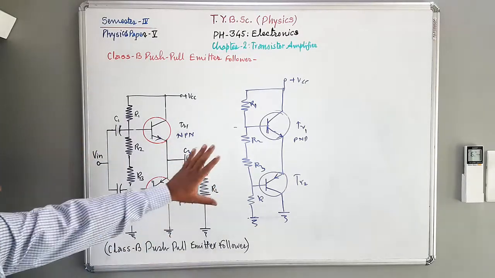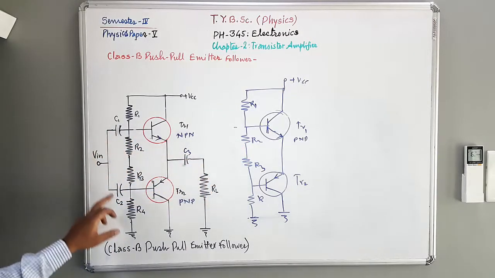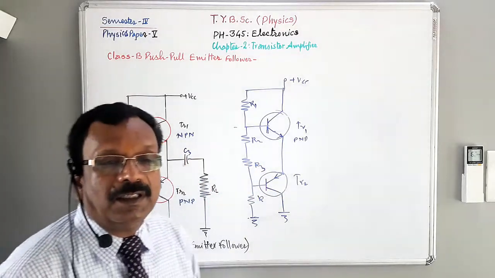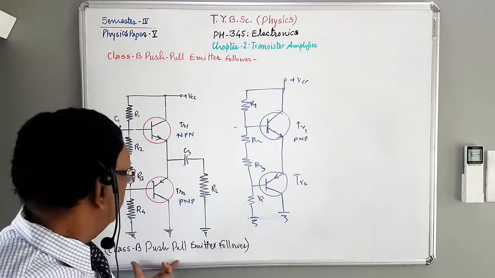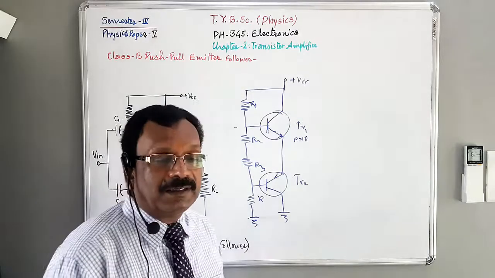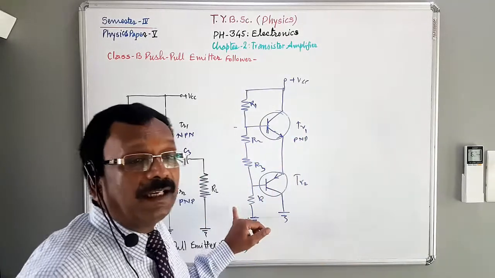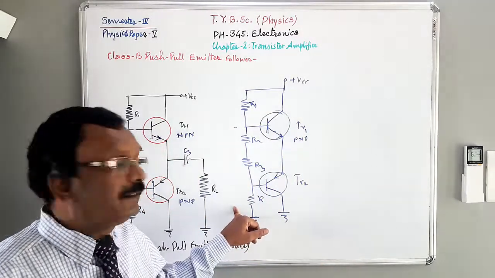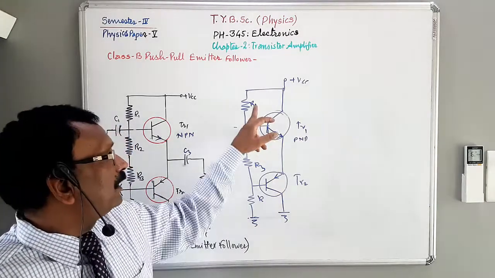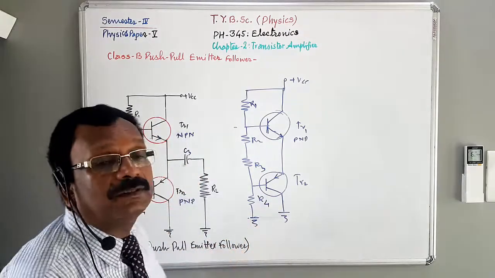It means in this figure, the C1, Vin, C2 part and the C3, R4 part are removed. This is a complete circuit, and this is the DC equivalent circuit. Now let us analyze the DC equivalent circuit like this. The designer selects biasing resistors R1, R2, R3 and R4. Same here.